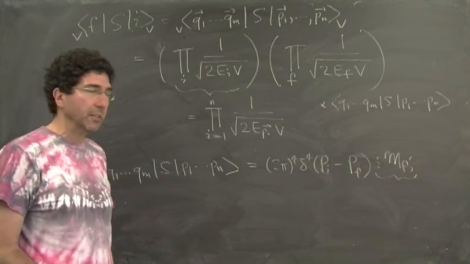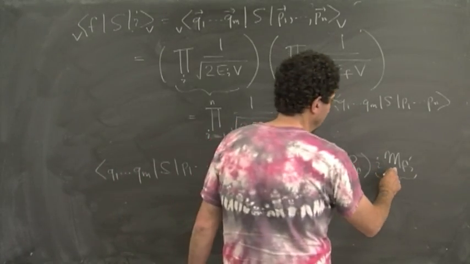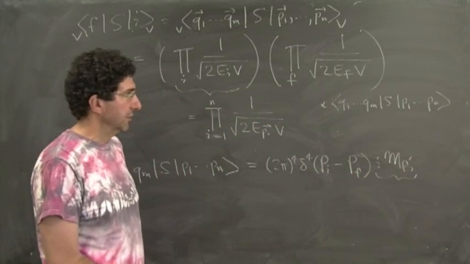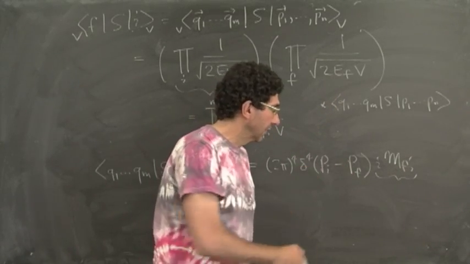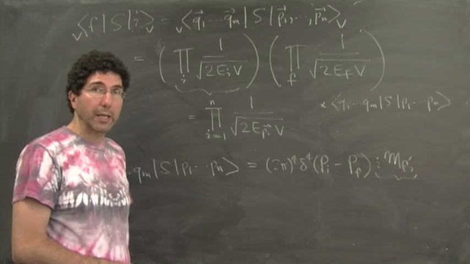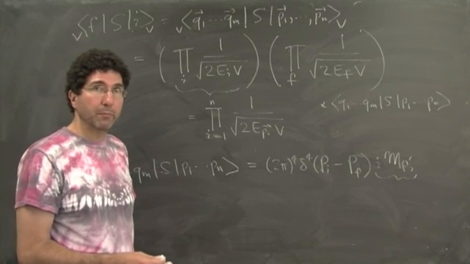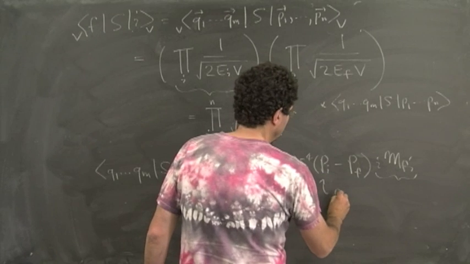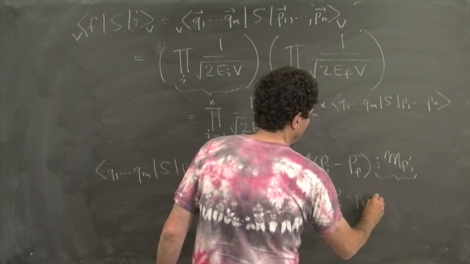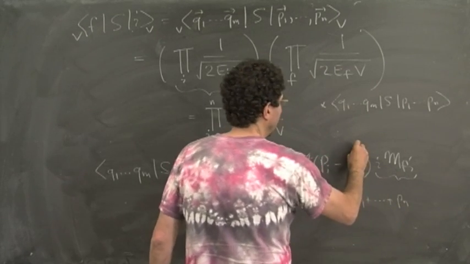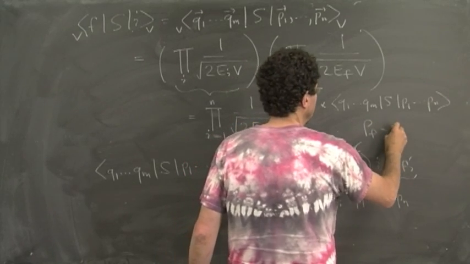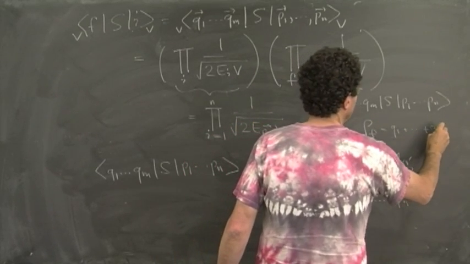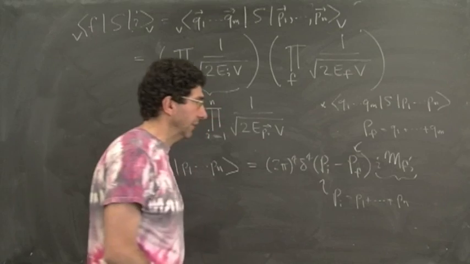So the coefficient here of this S matrix element we just call this, and this thing right here is a Lorentz invariant amplitude. This is the Lorentz invariant amplitude between initial states i and f, and that's going to be the basic object that we're going to actually be computing, okay? And so here, it should be clear, P_initial just means p_1 plus through p_n, and capital P_final just means q_1 plus through q_m, and these are the 4-vectors, right?